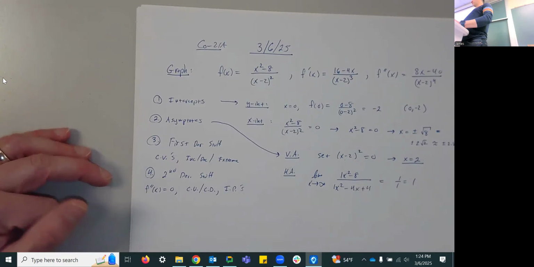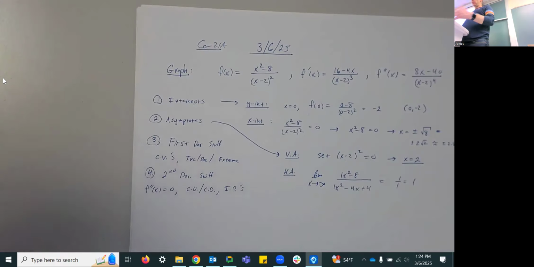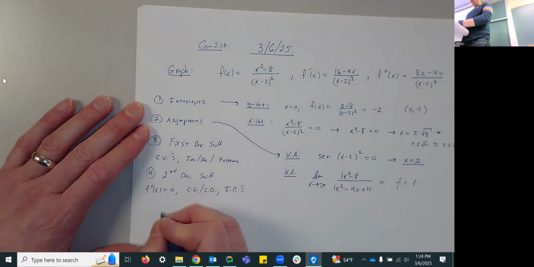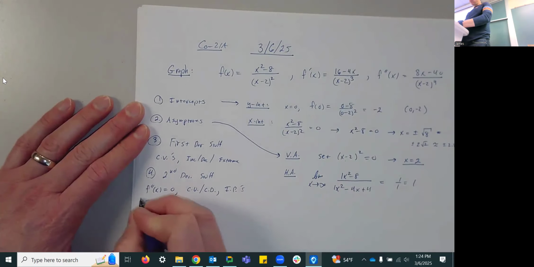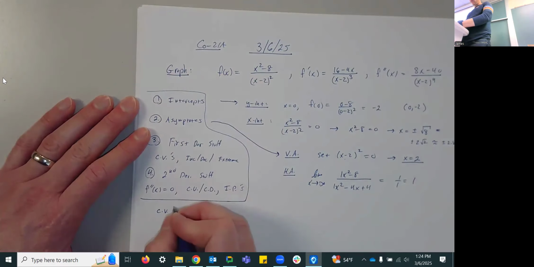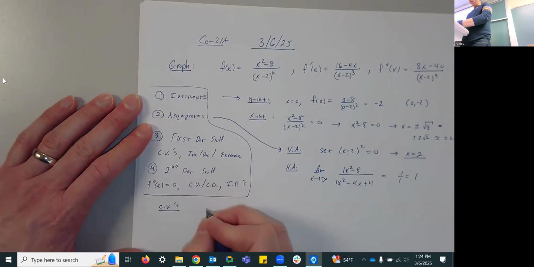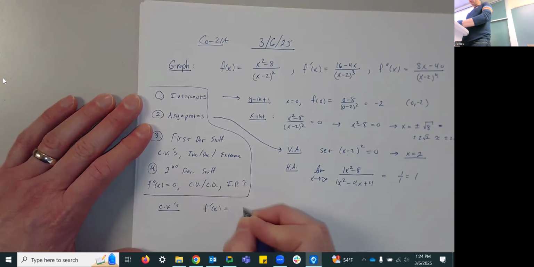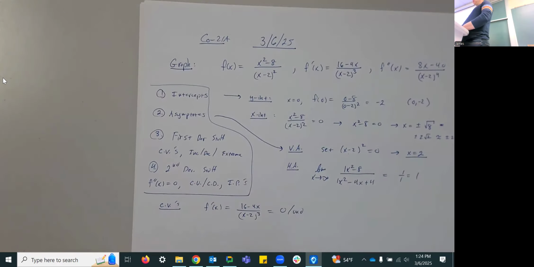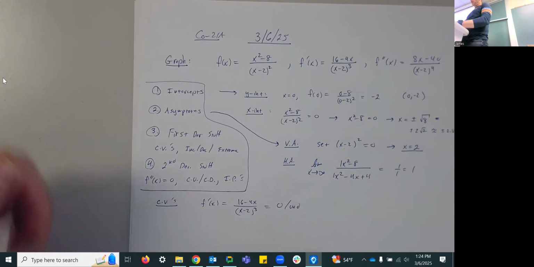So now the first derivative stuff, which is where we actually get into the meat of things. We're going to take our first derivative and find our critical values. To find the critical values, we're just going to set our first derivative equal to 0 or undefined. To see where it's 0, you set the top equal to 0.